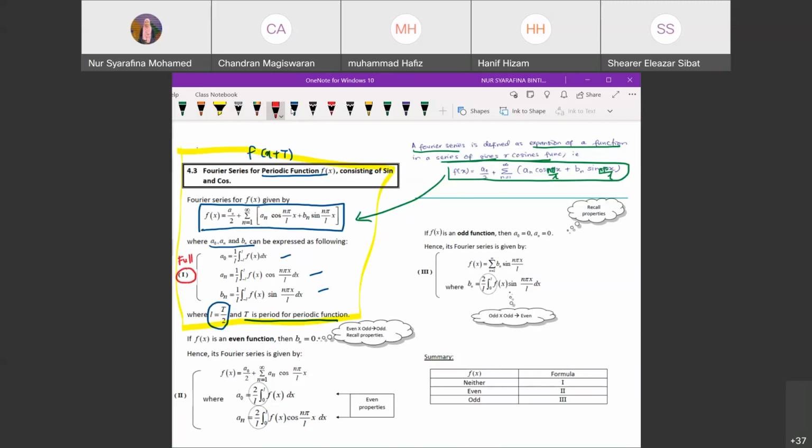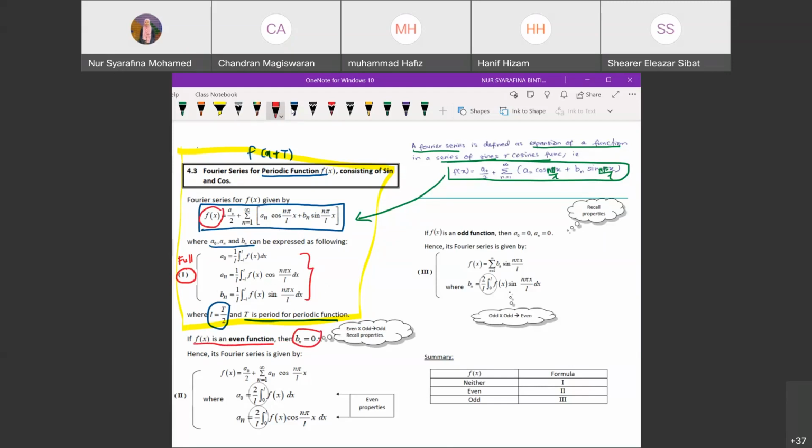Now let's take a look. f(x) consists of a0, an, and bn, and these are the ways of how you can find an and bn. Now this a0, an, and bn is actually determined by this f(x). When f(x) is even, then bn equals 0.